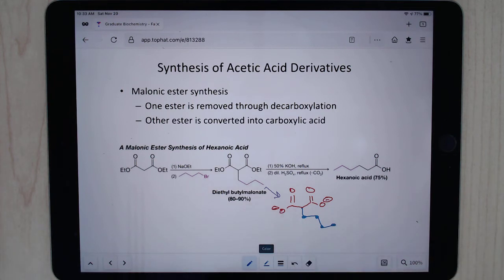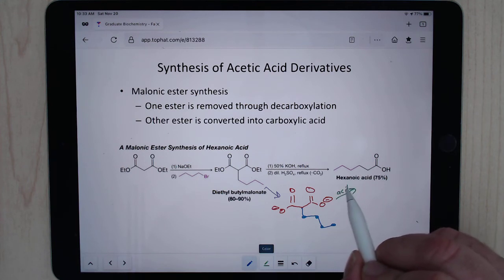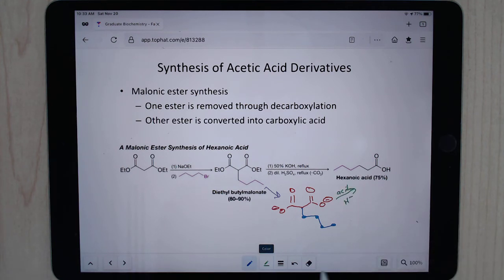When we do the acid and heat, one of those goes away, and it doesn't matter which one you do. Acid and heat. One of these is going to go away. So let's get rid of that one. Doesn't matter which one. But just one of them. And so you end up with, in this case, your hexanoic acid. Okay. But otherwise it works exactly the same.